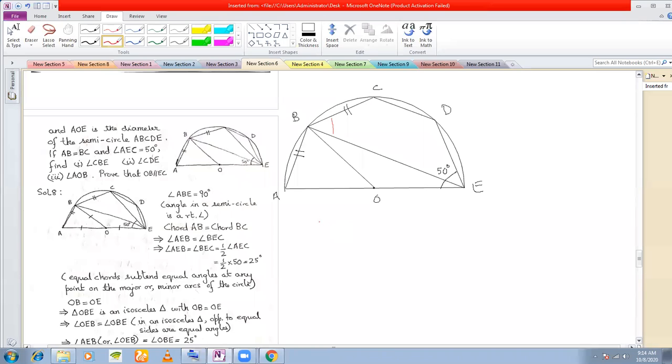Now first of all, we start by saying that this angle is 90 degrees. Since AE is a diameter, angle ABE is equal to 90 degrees, because the angle in a semicircle is a right angle. Okay, so this angle is 90 degrees. Now what else can you see?